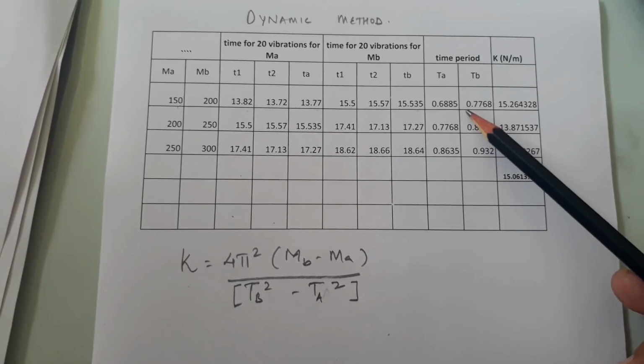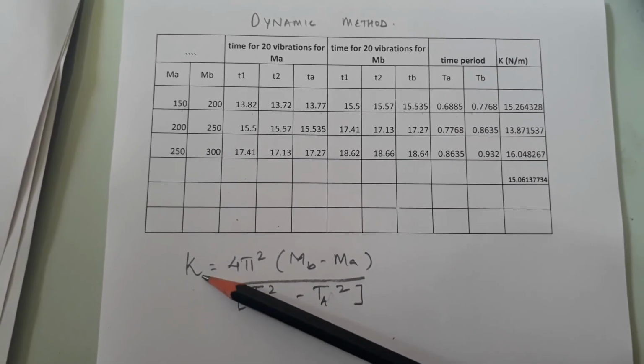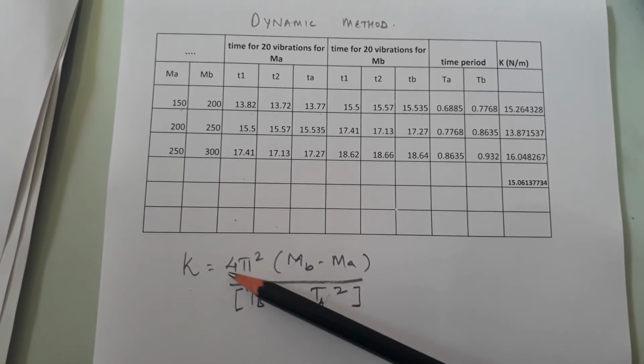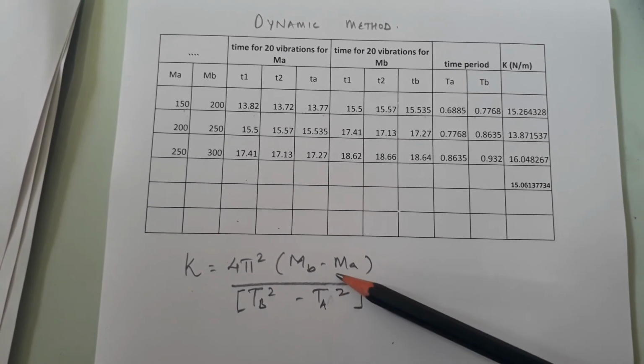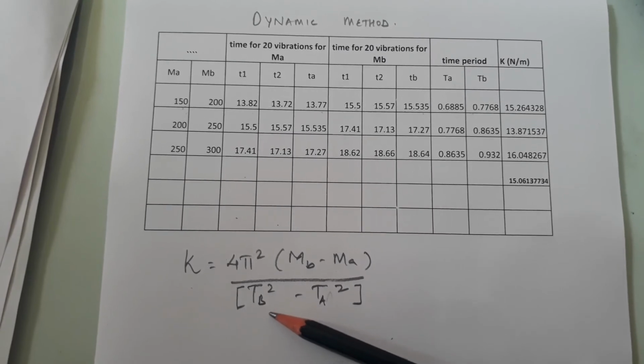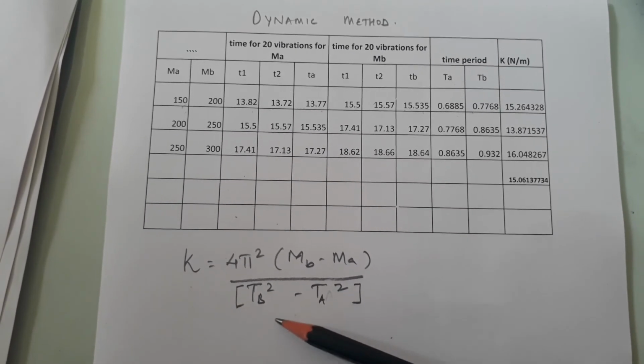The reason we are doing these calculations is because the formula to calculate the spring constant k is given by 4 pi squared times the difference between the masses divided by the difference between the squares of the time periods, and that time period is what we are measuring.